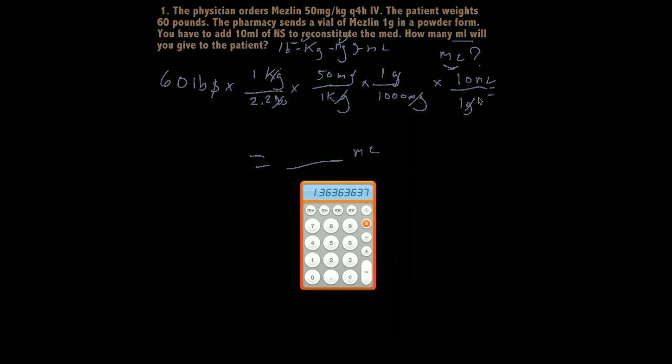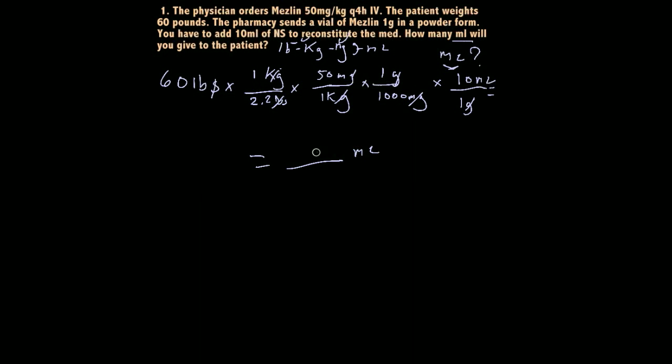Oh, you know what, I almost forgot. Multiply that times 10 for the 10 milliliters. There we go, and that equals 13.6. So that's our final answer, 13.6. This is a volume, and it's greater than 1 milliliter. So I'm going to go out to the hundredths place and round to the tenths place. That is a 3, not a 5, so we are left with 13.6.